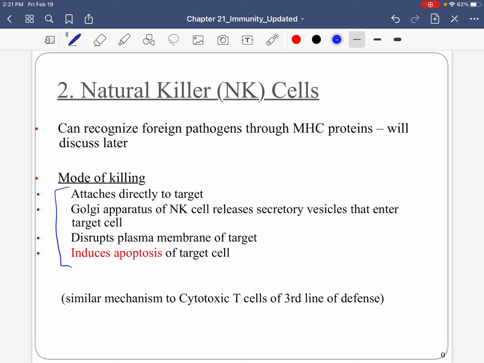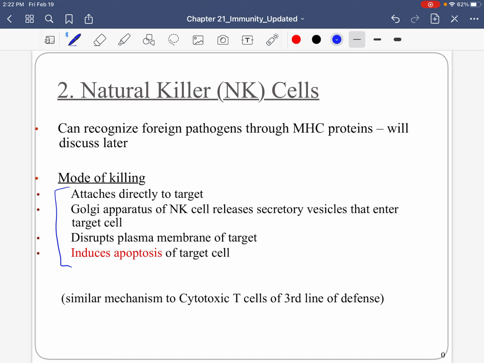Here's how they work. These NK cells attach directly to the bad guy. So an NK cell notices, wait a minute, that's a bad cell, and it will attach right to it. The Golgi apparatus of that NK cell will release a vesicle that then enters the target.